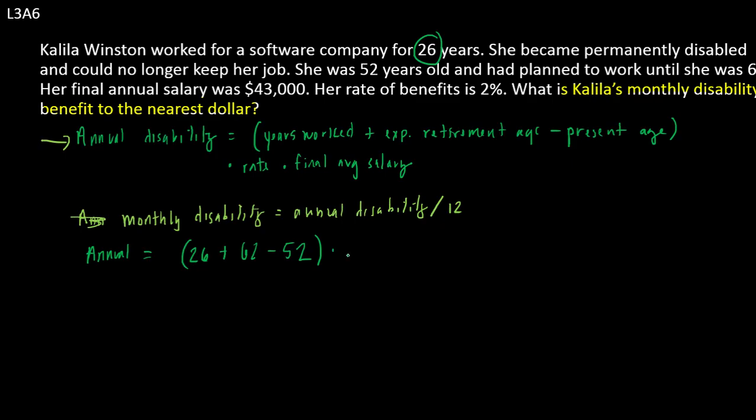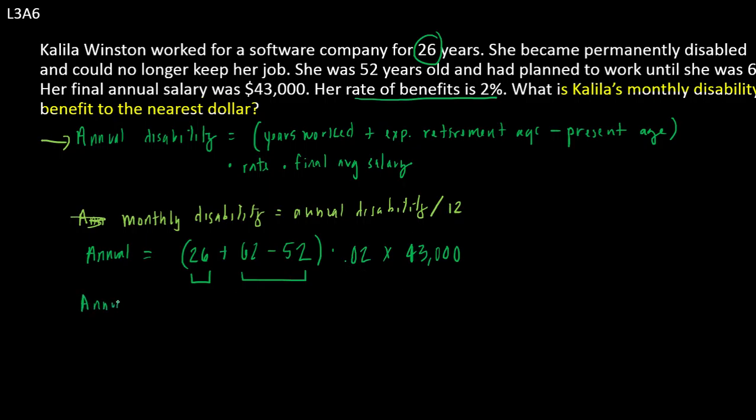We multiply that by her rate of benefits, which is 2%, of course, converted to a decimal, and then by her present salary. So we're taking the years she worked plus the difference of the years she meant to work and didn't. We multiply by the rate of benefits and by the annual salary.